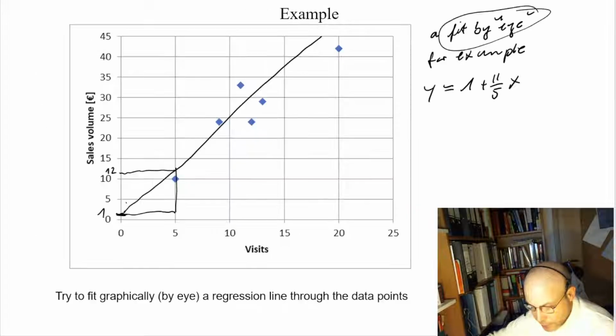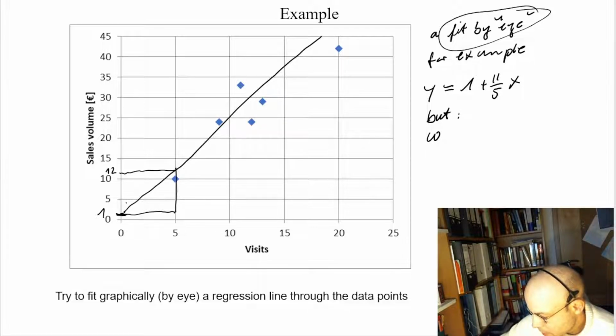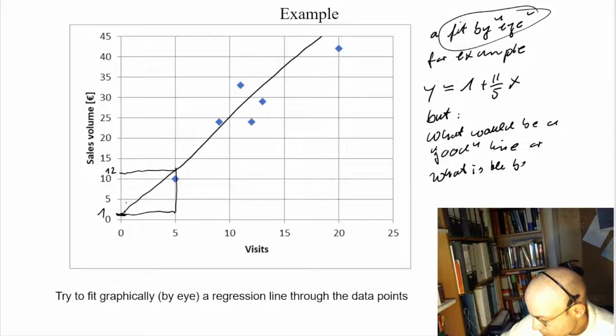So what we are looking for, or what is the question, what would be a good, so to speak, line, or what is the best linear function we can fit?